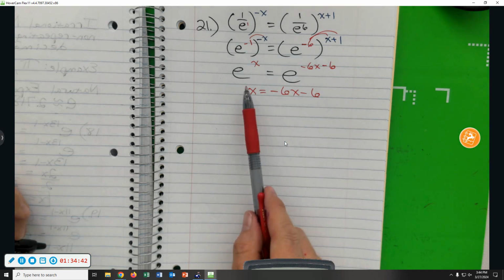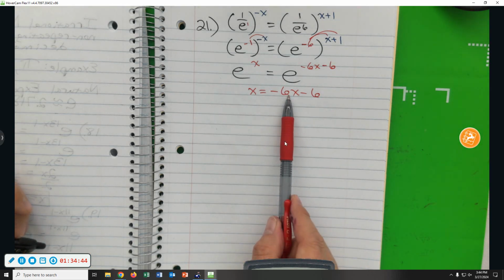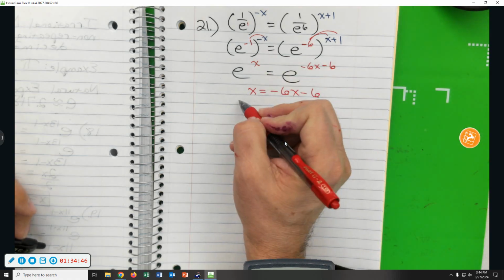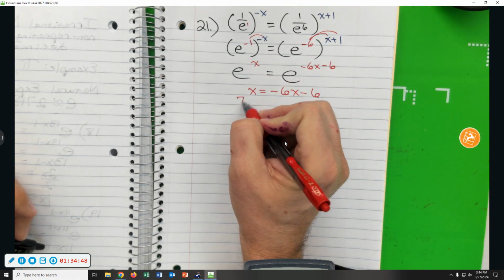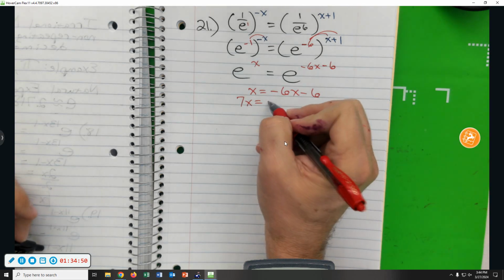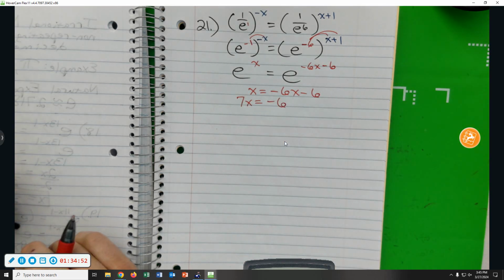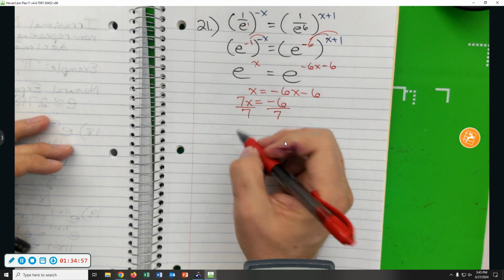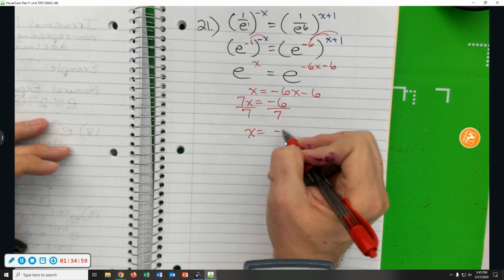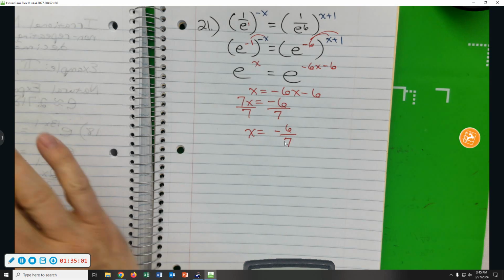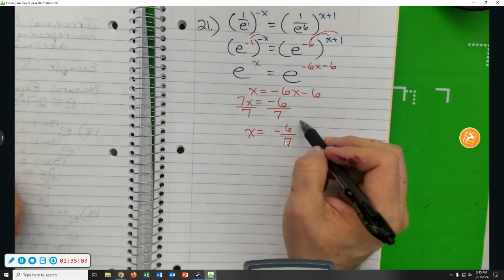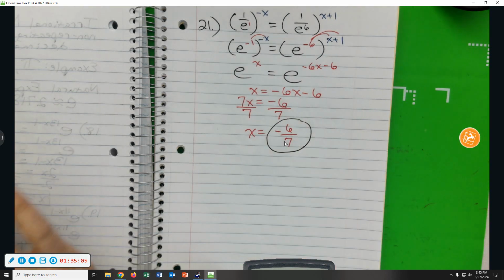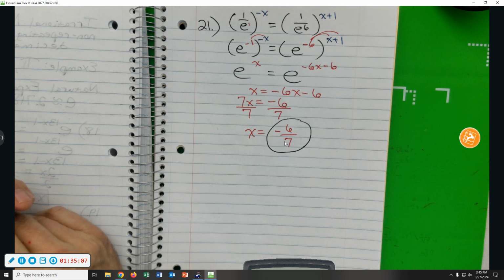So we have 1x plus 6x, what do I have right here? 7x is equal to negative 6. Divide by 7 to give us x equals negative 6 over 7. Any questions there?